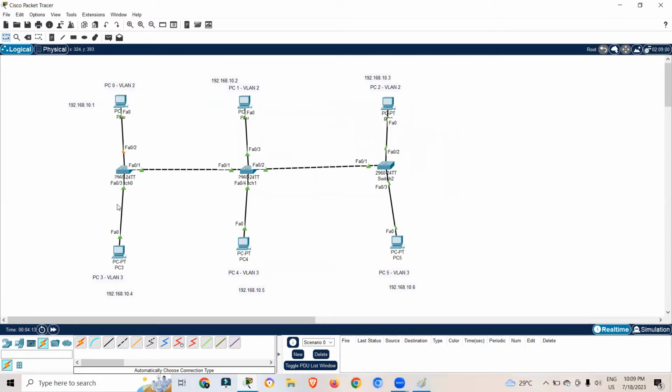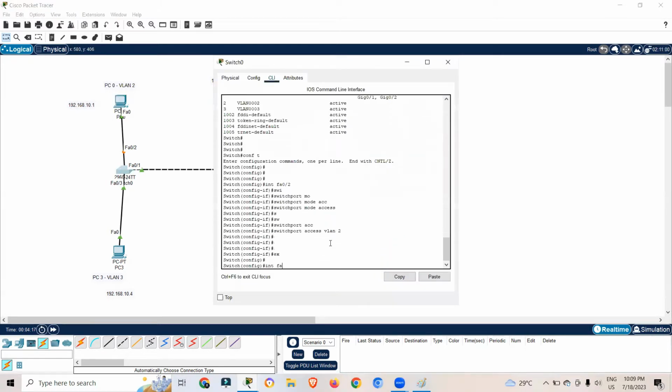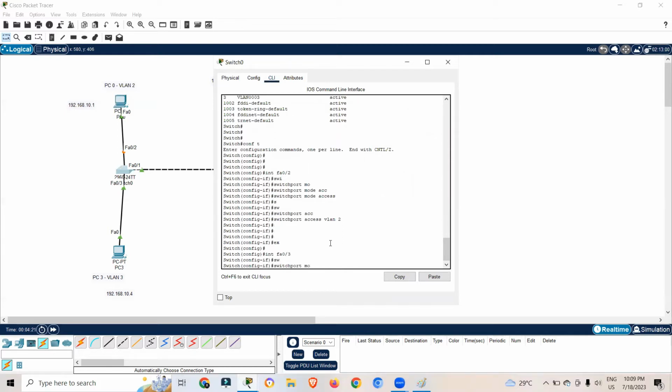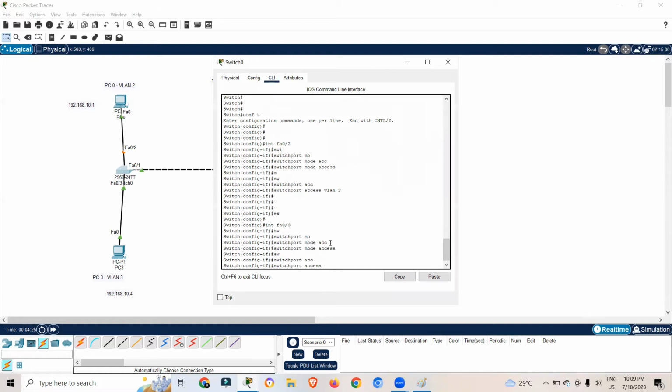Now about this PC, interface FA0/3, switchport mode access, switchport access vlan 3. Now PC3 is part of VLAN 3. Done?